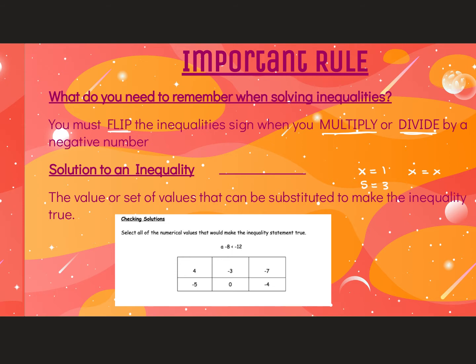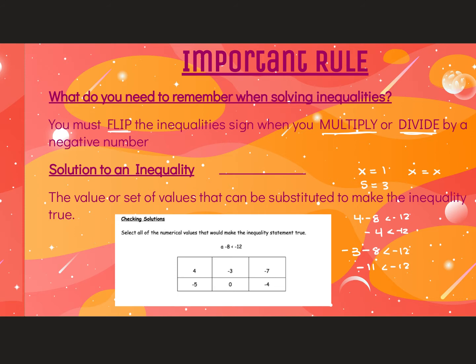If we plug in 4 for a, we get 4 minus 8, which is negative 4, is less than negative 12. Is that a true statement? It is not, because negative 4 is not less than negative 12. How about negative 3? We have negative 11 is less than negative 12. That's also not true.